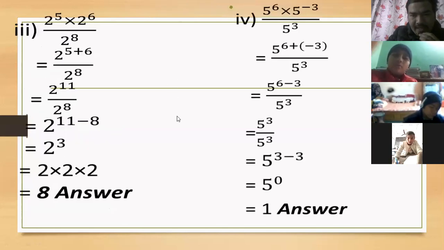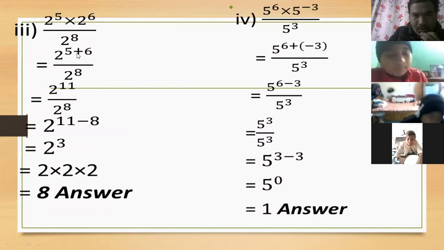Okay, in these two questions, look here. 2 to the power 5 into 2 to the power 6, right? When you multiply them, in the numerator write only one 2 and add the powers. 5 plus 6 is 11, and 2 to the power 8 is in the denominator.